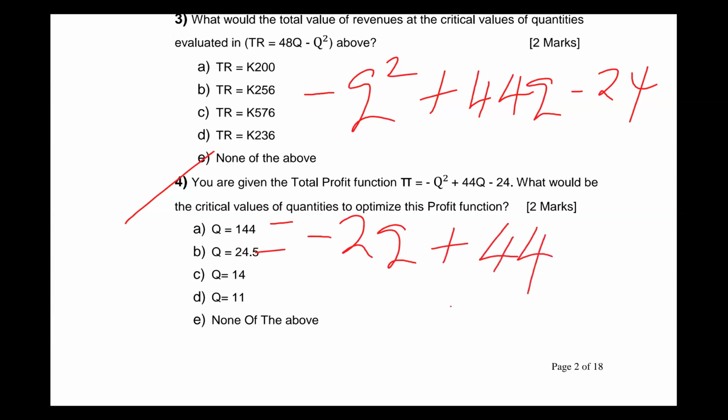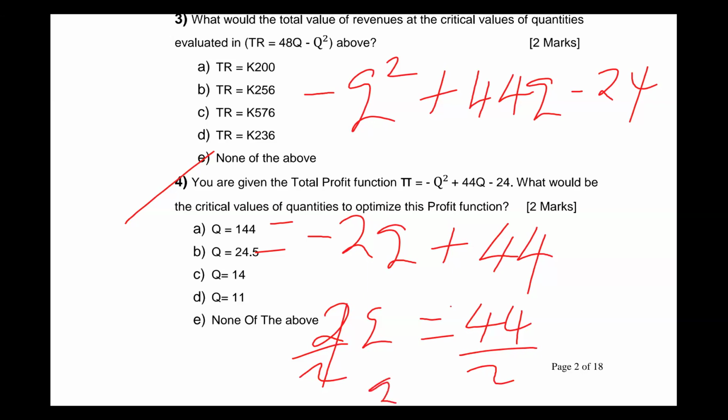So you have 2Q equal to 44, and you divide through by 2, so that Q is equal to what? 22. The answer is 22.